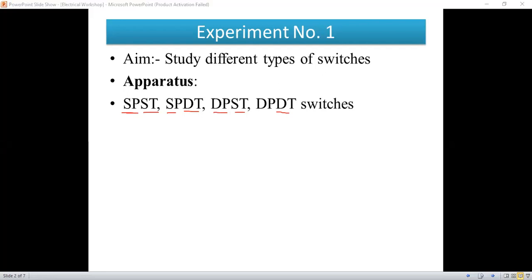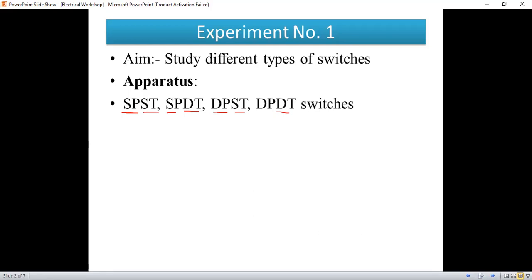Now the pole refers to the number of circuits to be controlled. Suppose single pole: a single pole can be controlled by a single throw. By throwing, only a single pole can be controlled.